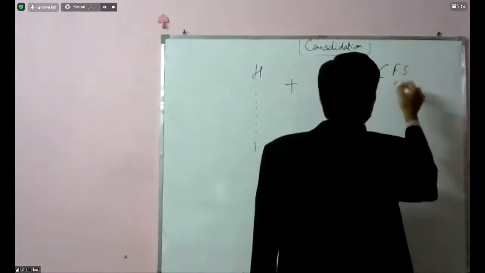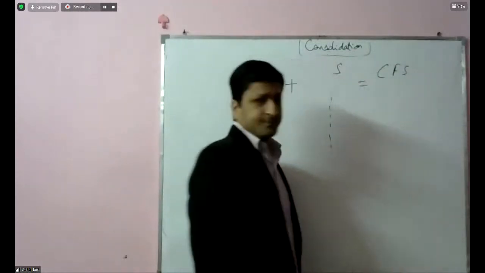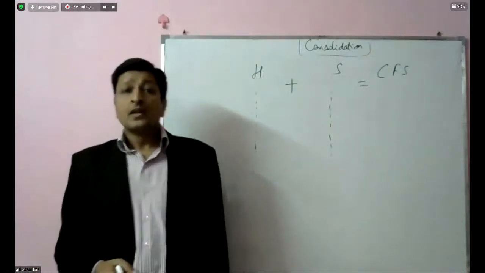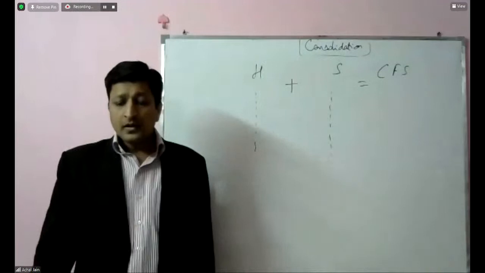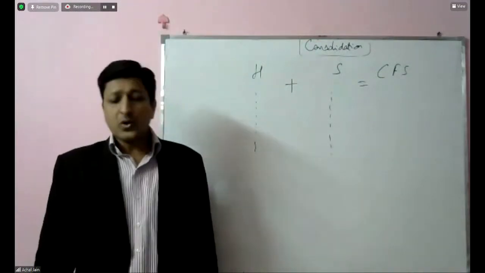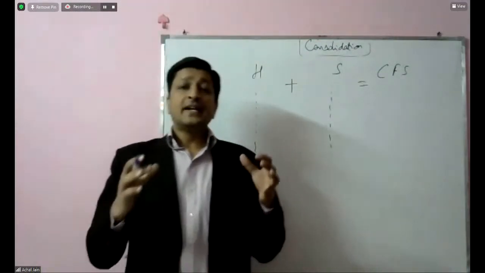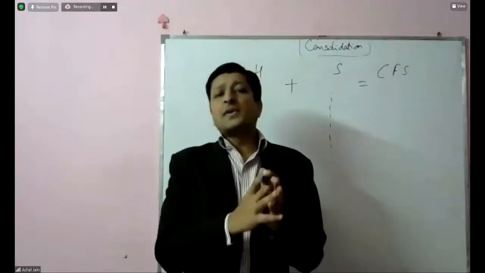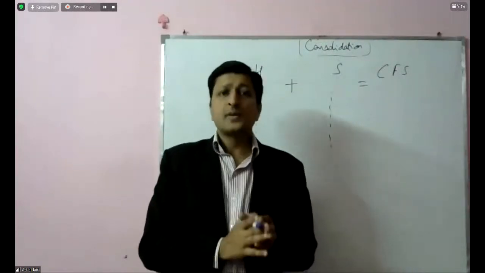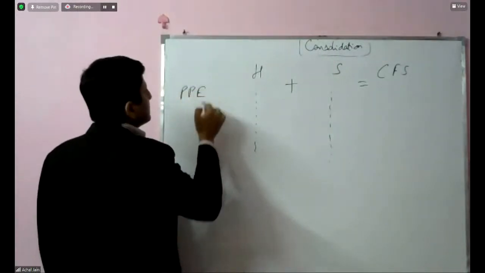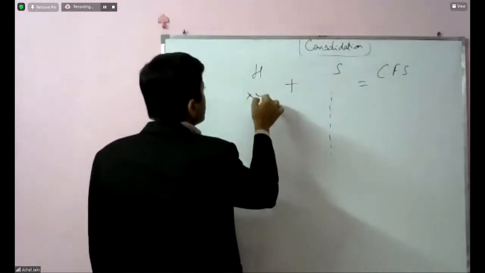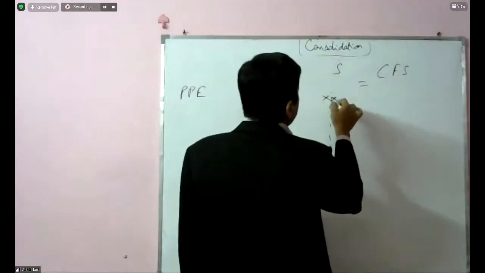And let's see this. Now, whenever two items are added together, it is very, very important that those items are similar in nature. Similar means, let's suppose this is PPE, so PPE is some amount, you will add that to PPE only.